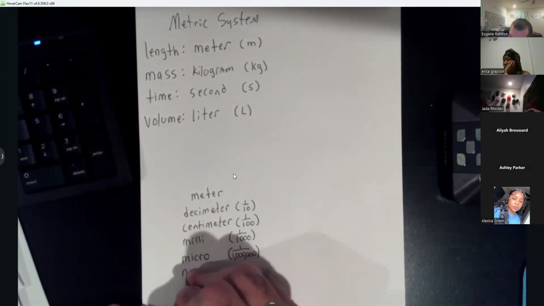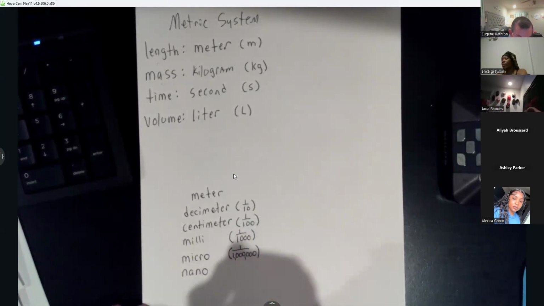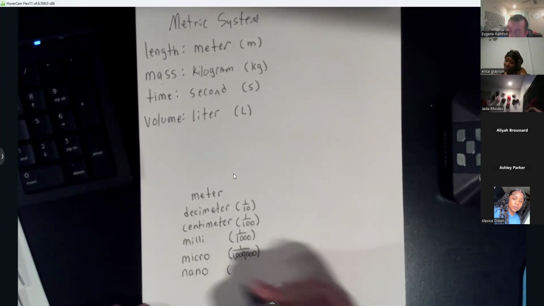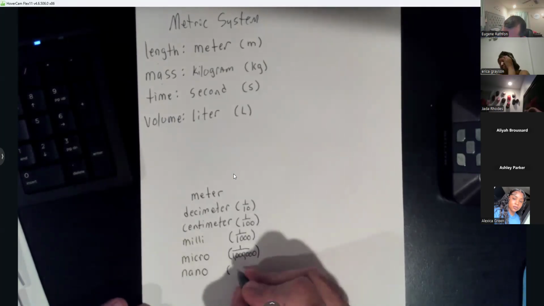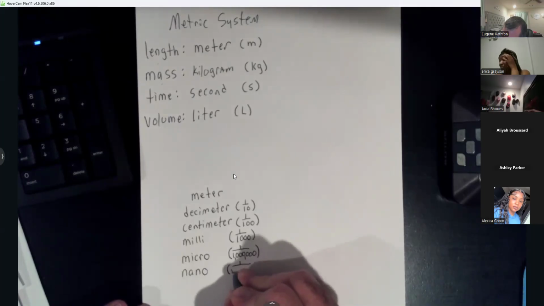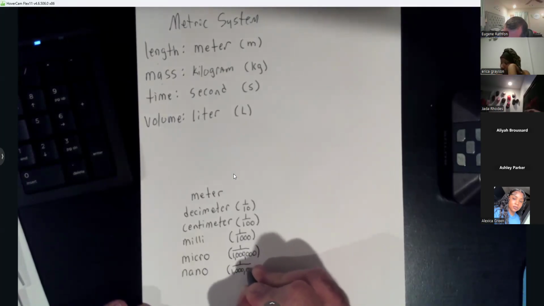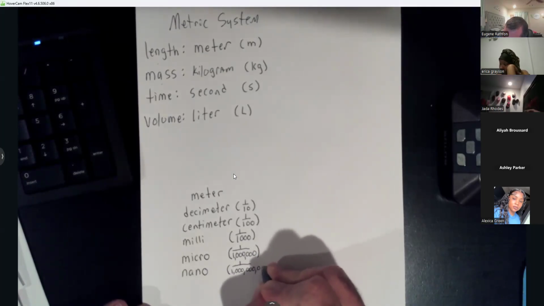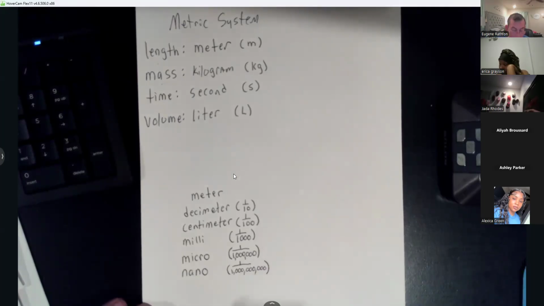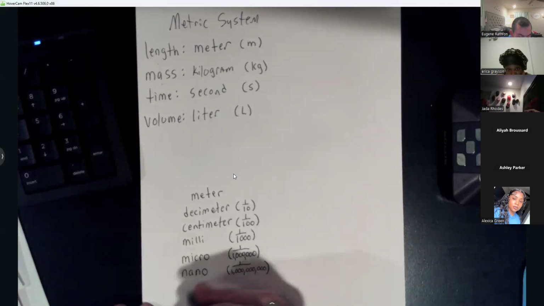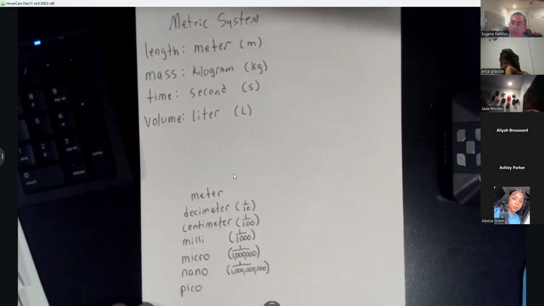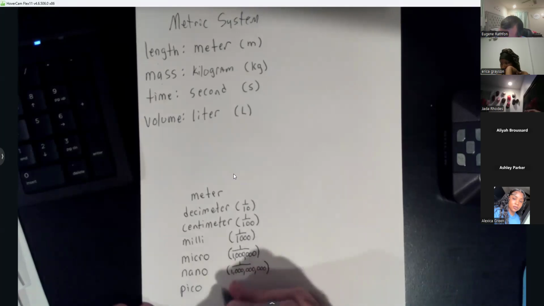All right, y'all. So the final two, a nanometer would be 1/billionth. So that's got 9 zeros. All right, then finally on the bottom side is your picometer, and that's 1/trillionth.